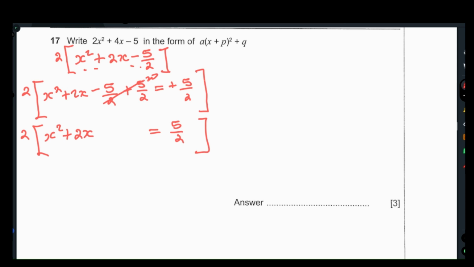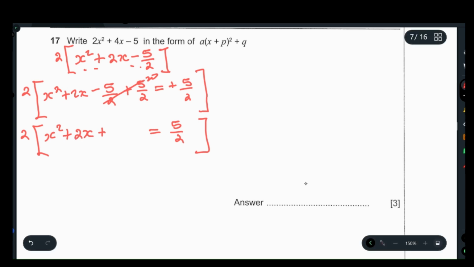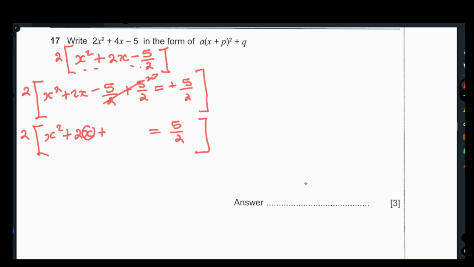To complete the square, you look at the coefficient of x. Divide the coefficient of x by 2 and then raise everything to the power 2. We'll add that on this side, and also add it on the other side of the equal sign.